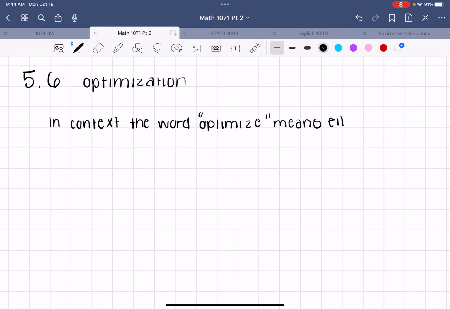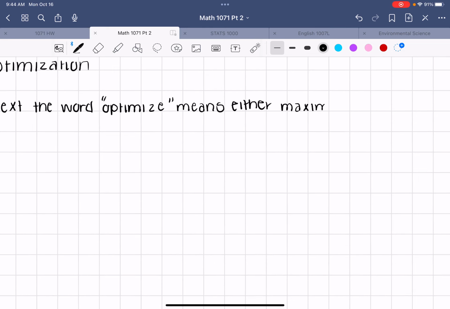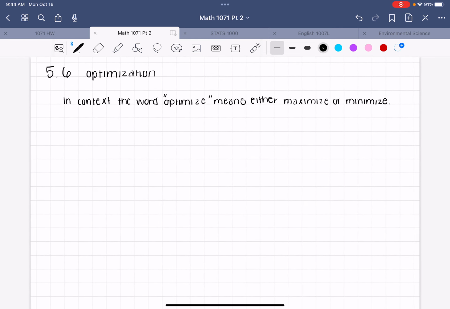If I ask you to optimize your costs, you want to make your costs as small as possible. So you want to maximize profit and minimize cost, and both of those come under the word optimize. Okay? Now, you all hate this chapter because it's word problems. And you all hate word problems. Yeah. Let's start with an easy problem.